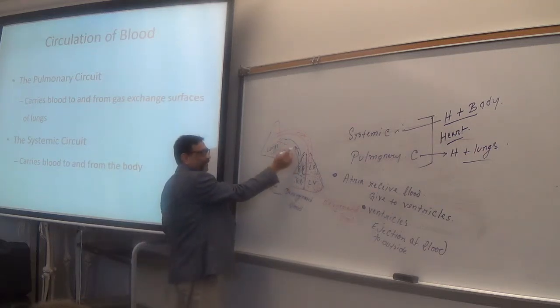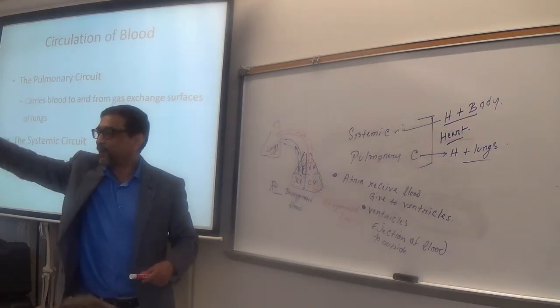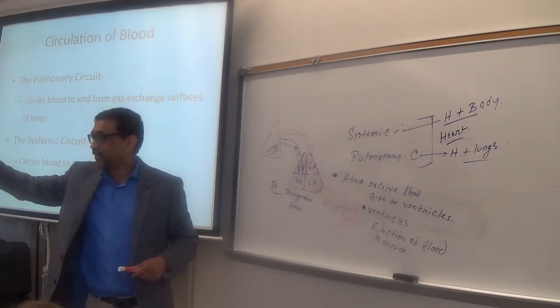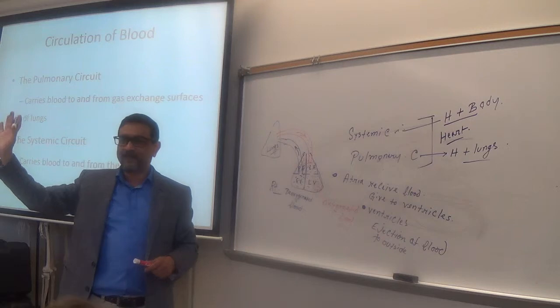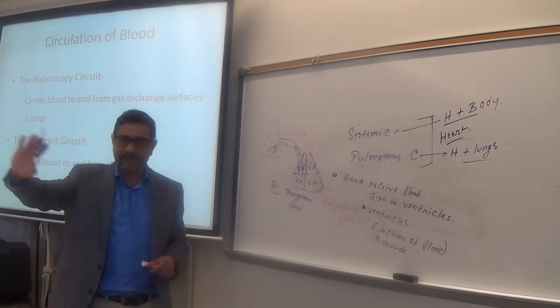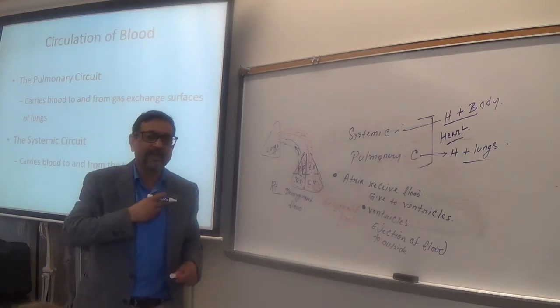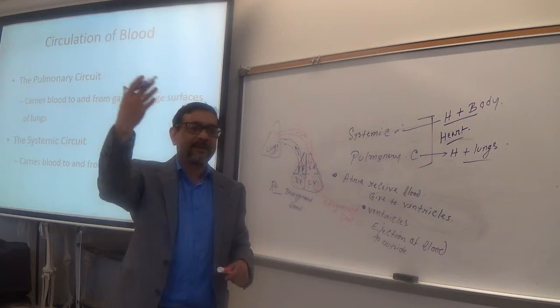So any blood vessel that takes the blood away from the heart is called an artery. This is very straightforward. We don't care what kind of blood it is. An artery takes the blood away from the heart.